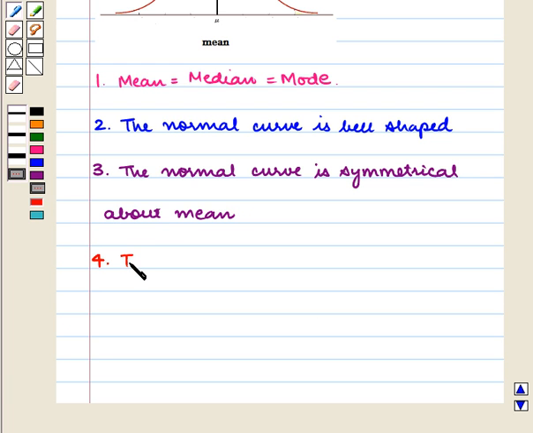The total area under normal curve is equal to 1.